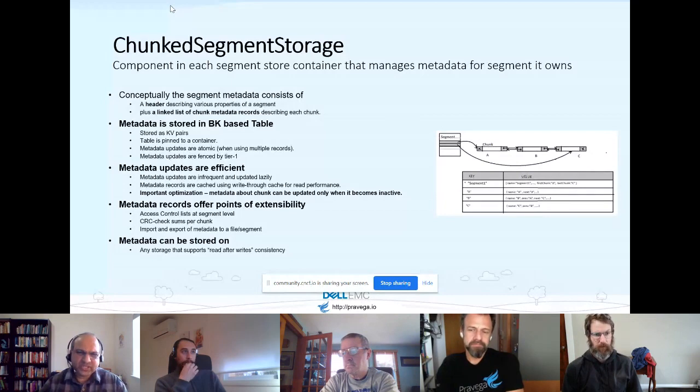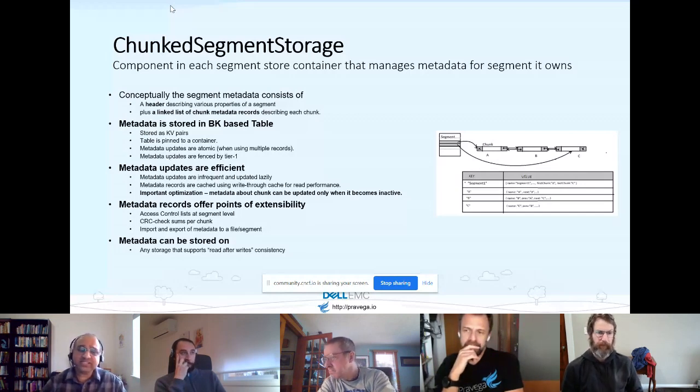Metadata is stored using a BookKeeper-based table, as key value pairs. The table is pinned to the container. The metadata updates are atomic, which means all the keys change at once or none at all. That simplifies the error handling in a major way.